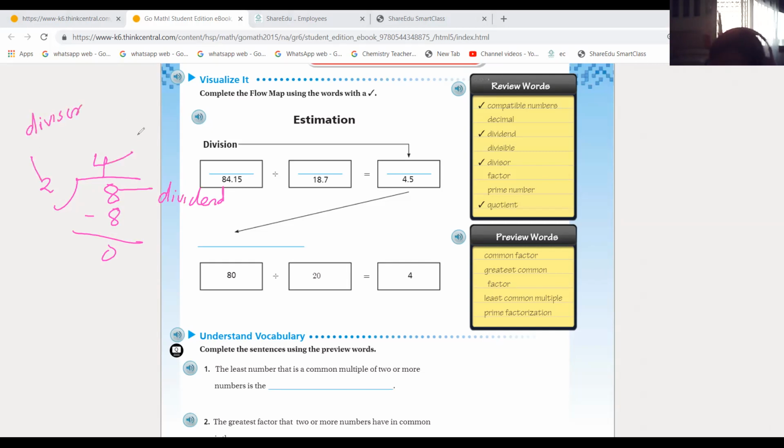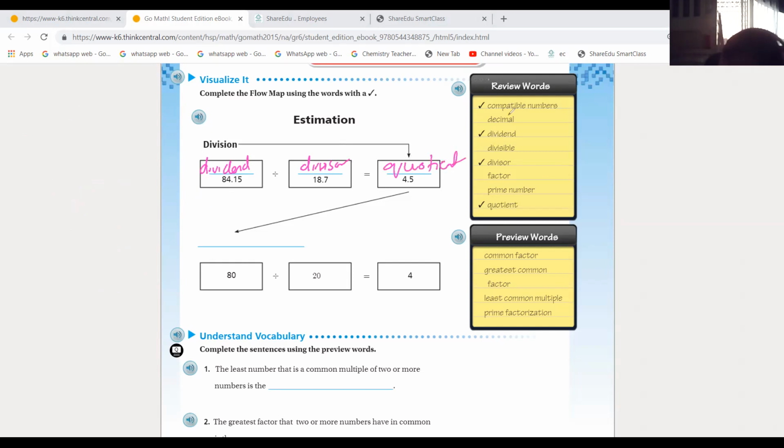As I told you, 4 is the quotient, and 0 is the remainder. Or maybe if you have some number here, that's a remainder. Again, the first one is the dividend, then your divisor, and the answer you get is the quotient. This you have already completed in the last class. Today, we will start with the first lesson of this unit, whole numbers.